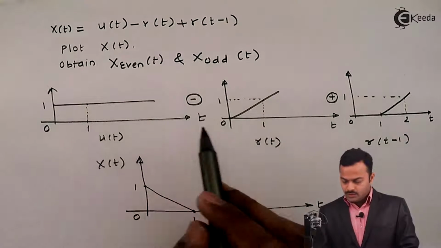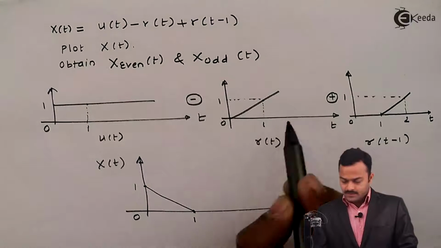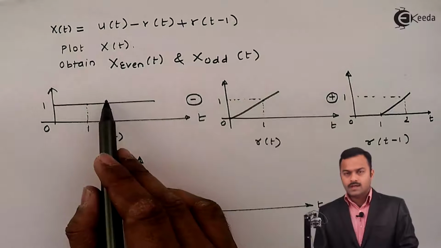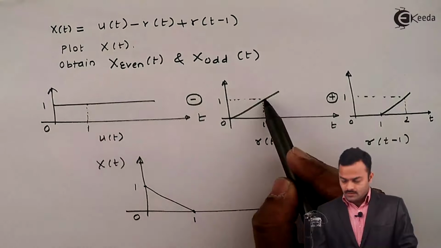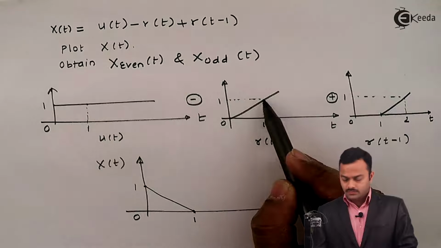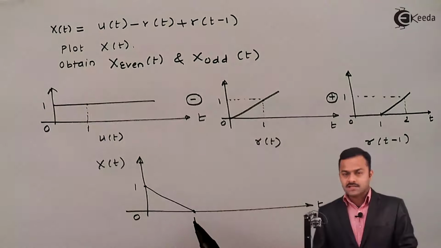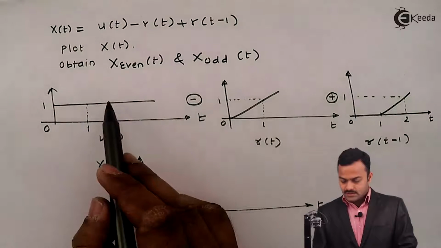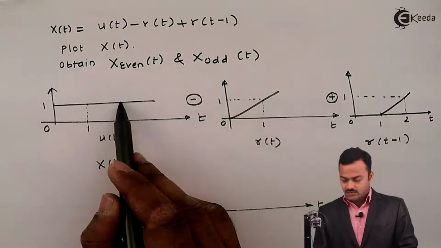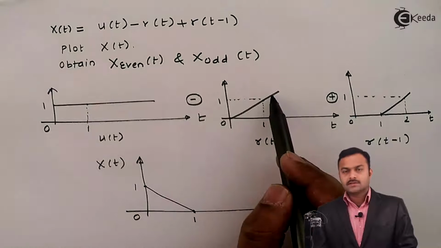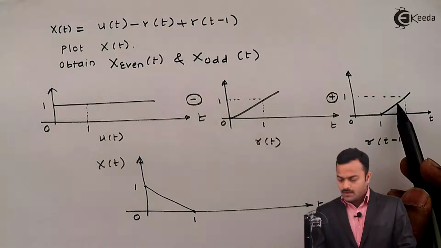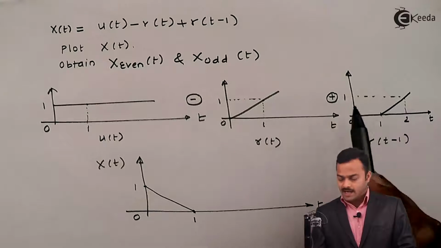Now from 1 to 2, this value is 1. Over here, this value is also 1. So we subtract, and the answer becomes 0. After that, the slope of this line is 0. The slope of this line is 1, which will get added.